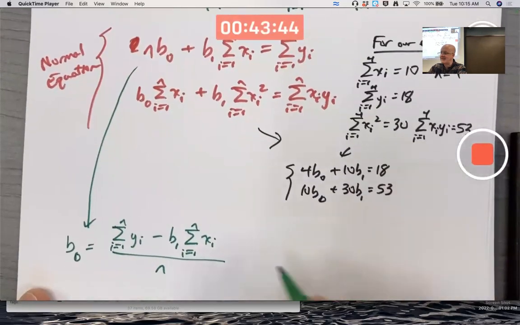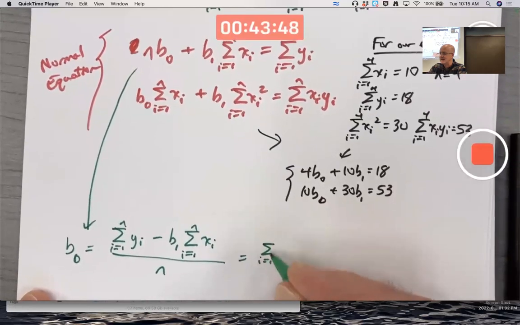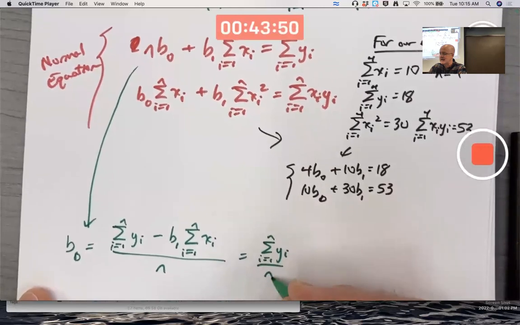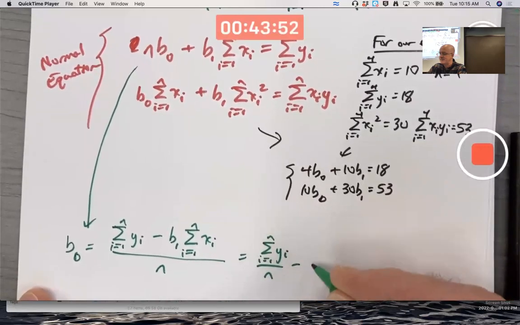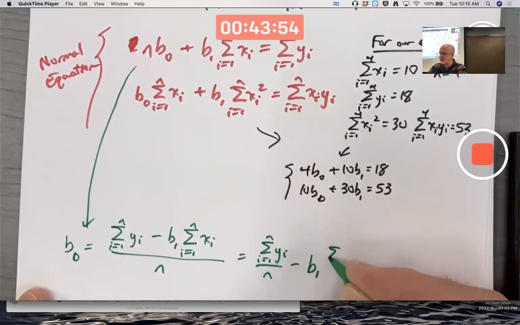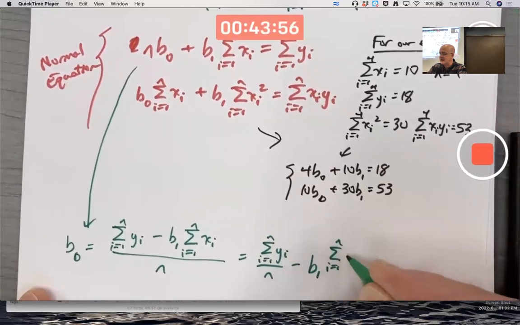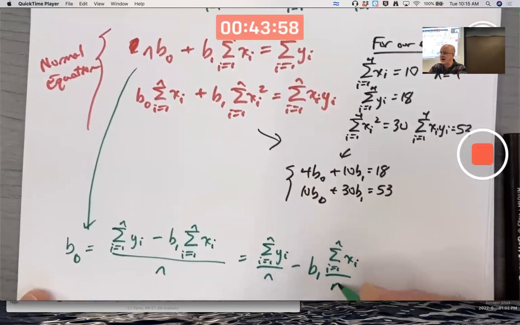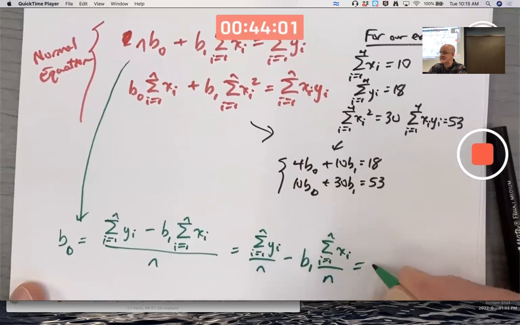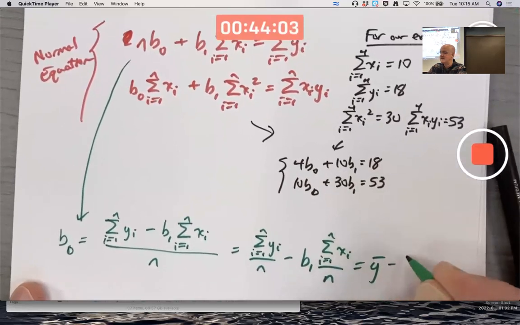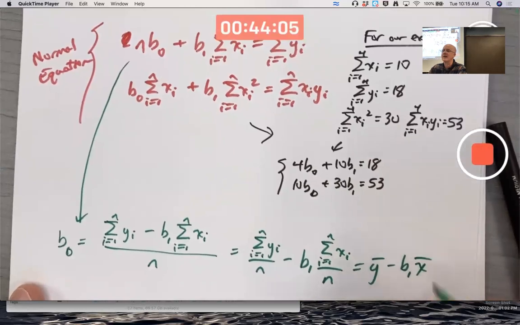And you'll get that. And this is worth noting that this also equals this. Break it into 2 fractions, and that obviously is y bar minus b1 times x bar. Hey, that's worth remembering.